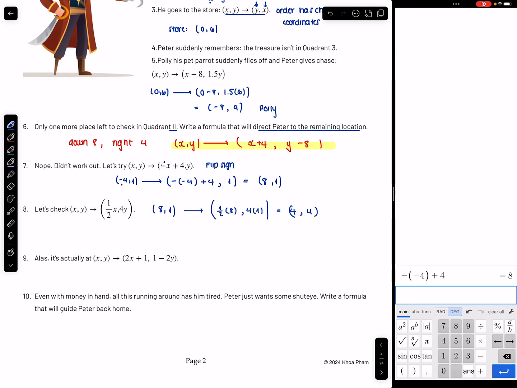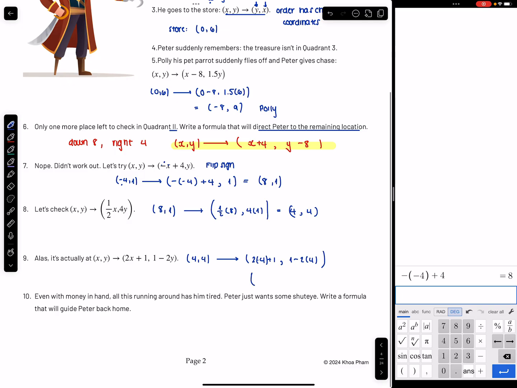Alas, it's actually at xy, 2x plus 1, 1 minus 2y, okay? So this is 4 comma 4. We're going to plug in 2x plus 1. So this is 2 times 4 plus 1, comma 1 minus 2 times 4.